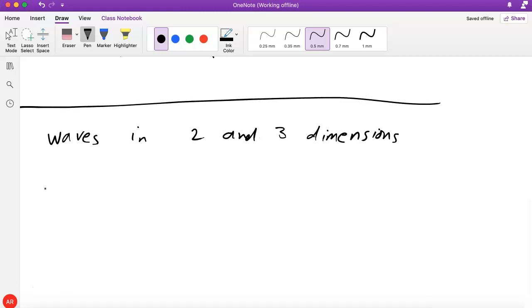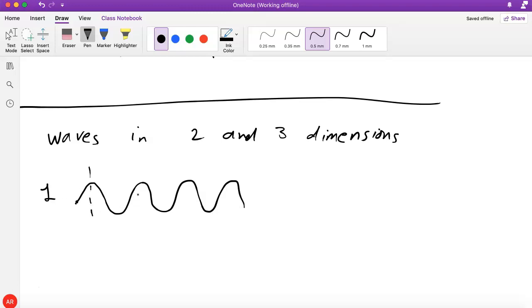So in one dimension, let's say we have a source that's performing simple harmonic motion. It creates these wavefronts. Let's think about the sinusoidal wave, again a snapshot graph.